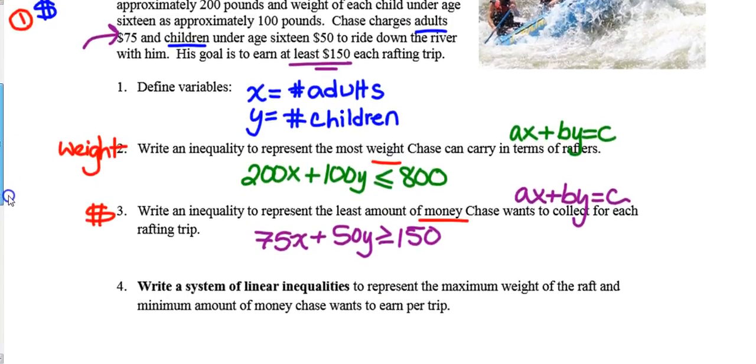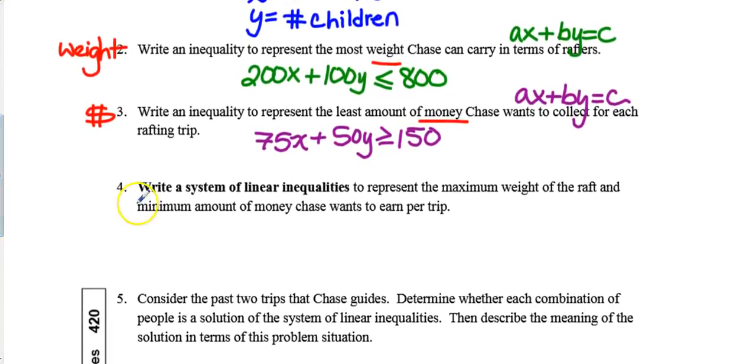We now have our two inequalities. Notice in question 4 it says write a system of linear inequalities to represent the maximum weight of the raft and the minimum amount of money he wants to earn. So we're going to take each of these and write them together. This is going to be 200x plus 100y less than or equal to 800.